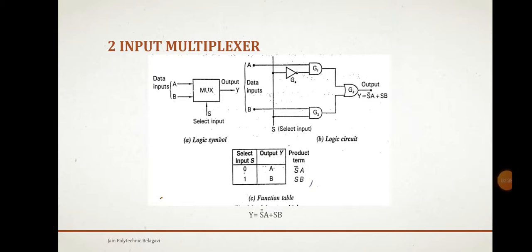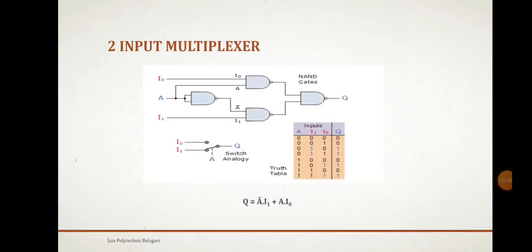Next, the two input multiplexer. For a two input multiplexer you can observe the logic circuit. I0 and I1 are the inputs, and A is the select line.